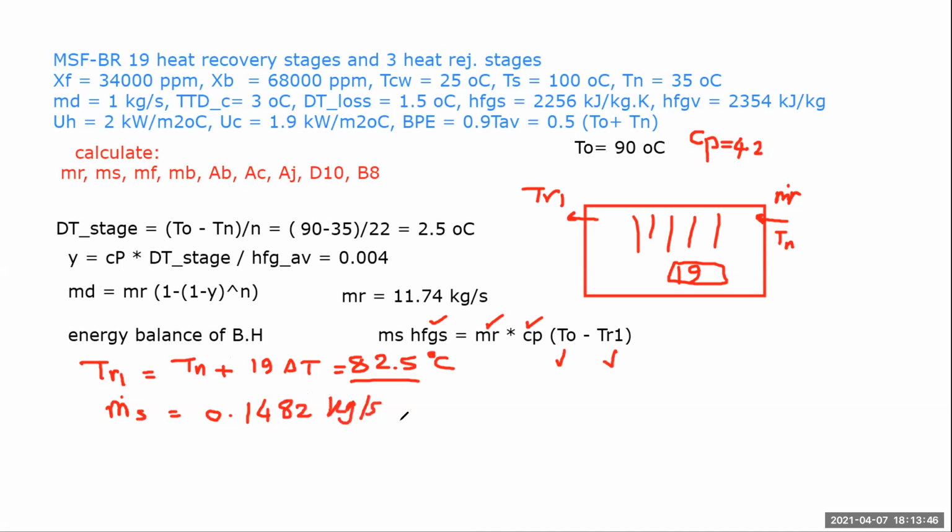Knowing the value of m dot steam, it will enable us to calculate the performance ratio, which is m dot distillate over m dot steam. M dot distillate is 1, m dot steam is 0.1482, so the value here is going to be 6.7 as a performance ratio.